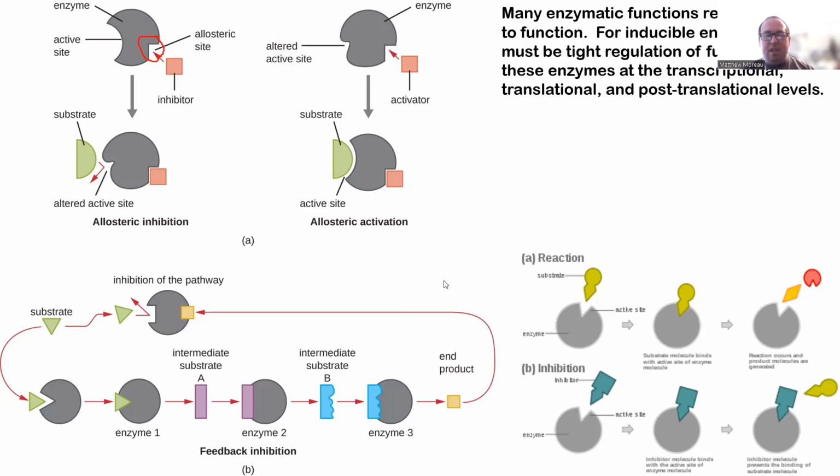And allosteric sites can either be inhibitory, meaning that the binding of a molecule to an inhibitory allosteric site changes the active site of the enzyme, preventing it from being able to do catalysis. The other is allosteric activation, which is the binding of an activator to a non-active site, again, an allosteric site.